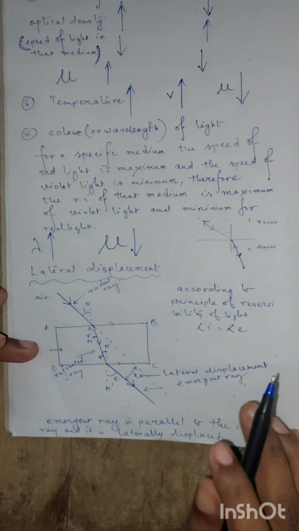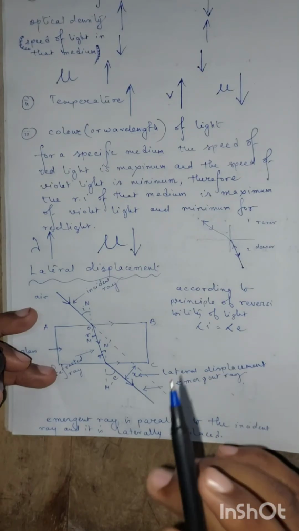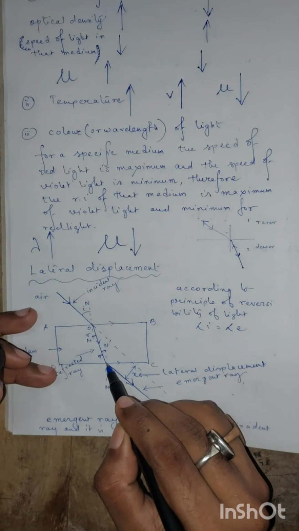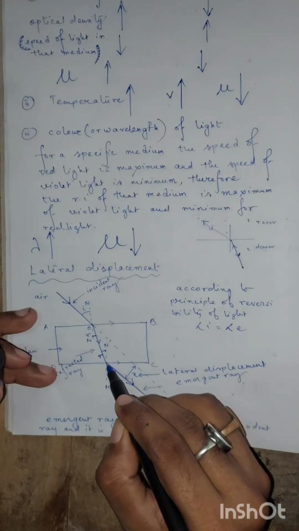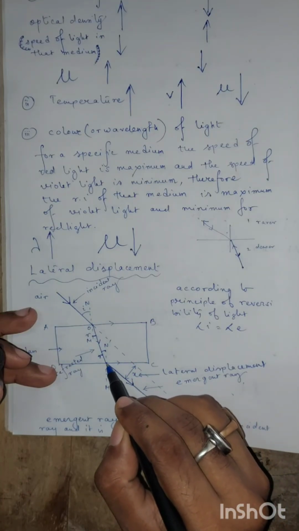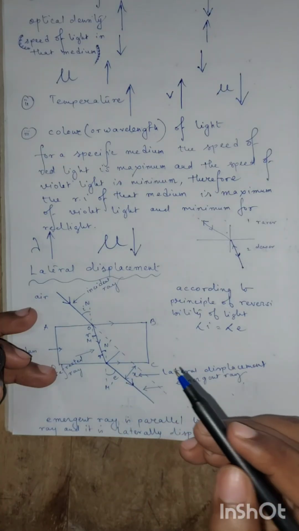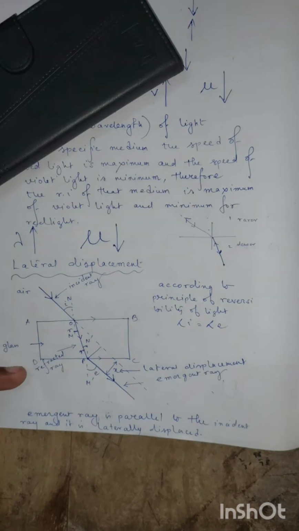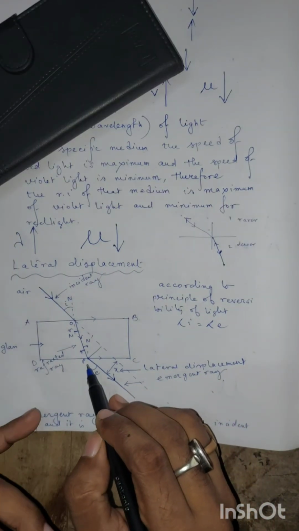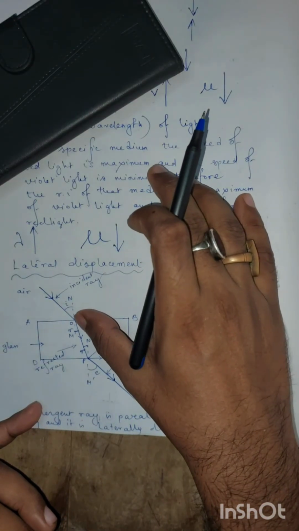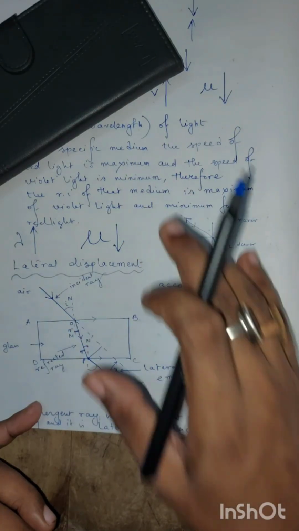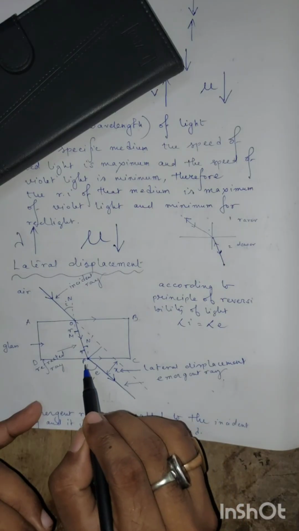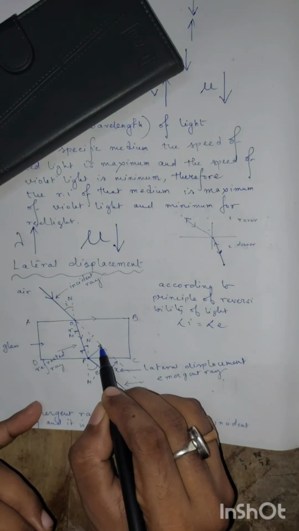Let us do one thing. Let us draw a perpendicular on the dotted line from this point P. So this is our perpendicular.